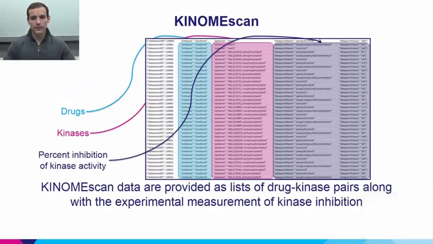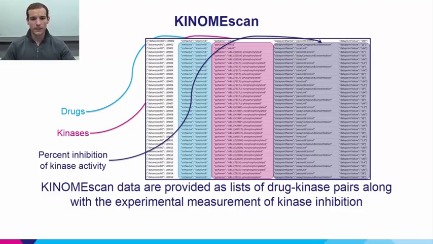On this next slide, we see how the KINOMEscan data is laid out when you download it. This is a bit of an unusual format. Basically, a single data point is specified in a series of 3 rows in this file. You see we have 3 different columns highlighted.